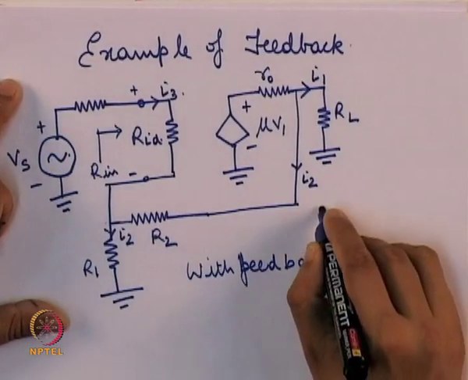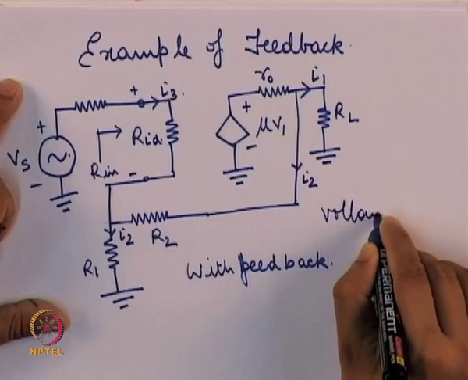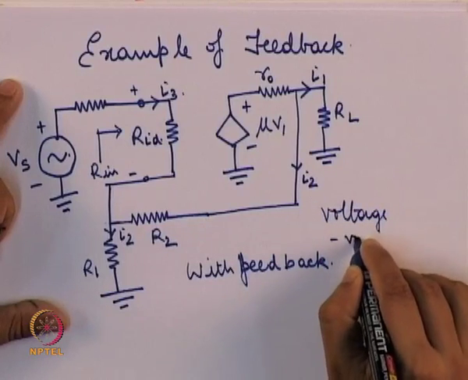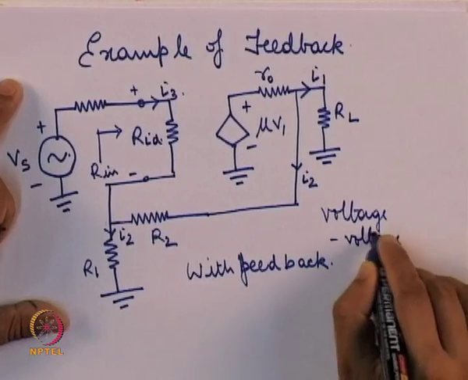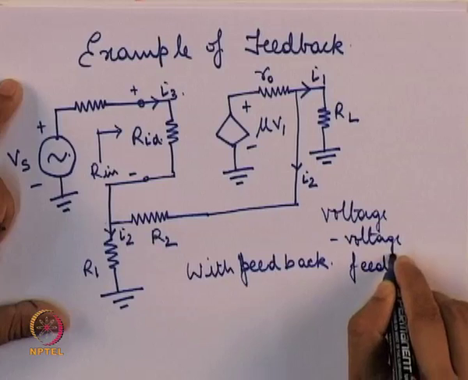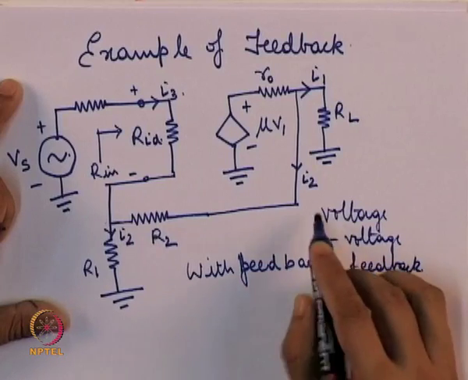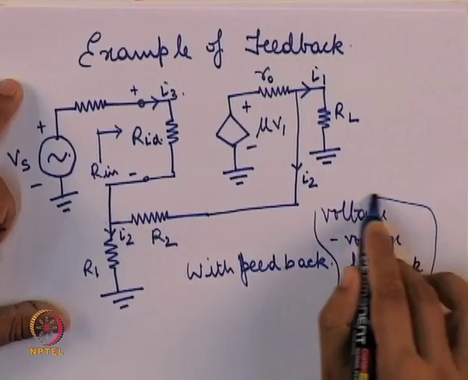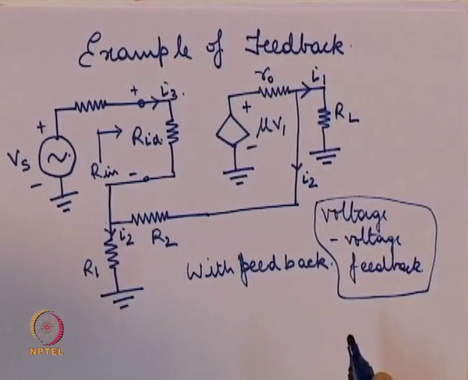So, this is an example of what we call voltage feedback. It is a negative feedback, but the type of negative feedback is voltage.